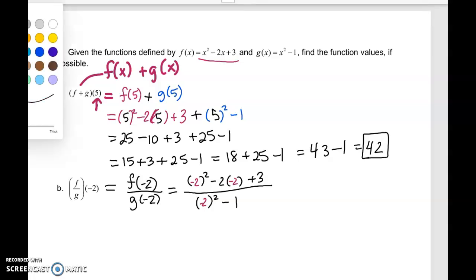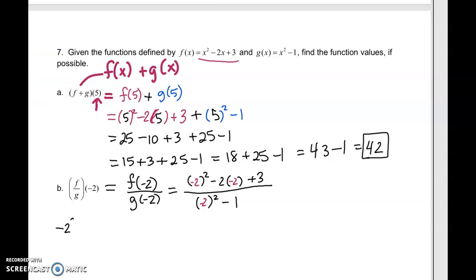Now I have to keep in mind that when I have -2 squared, it is the whole thing squared. So it's going to be positive. -2 squared means -2 times -2. If I just put this in my calculator, the calculator is going to return -4.